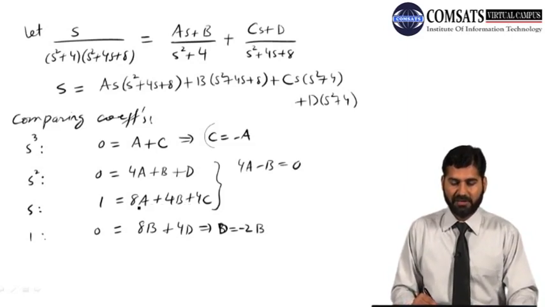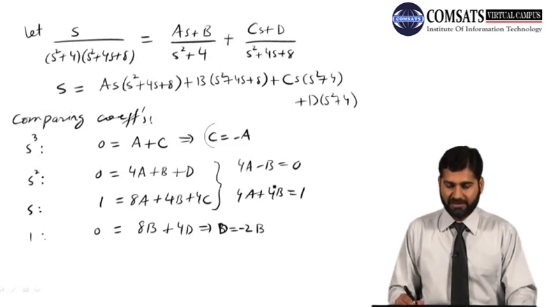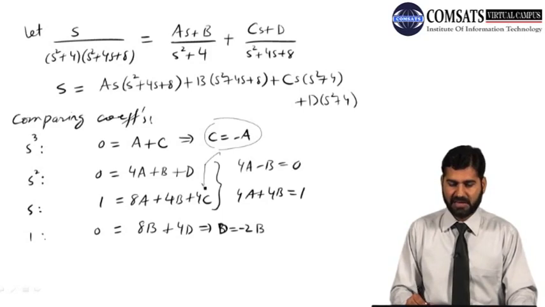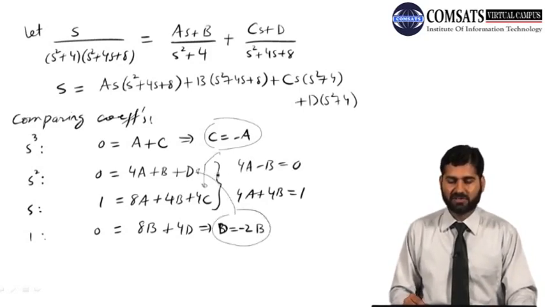And from the other equation you have 8a plus 4b plus 4c. 4c is negative 4a, so negative 4a makes it 4a plus 4b equals 1. From here it's easy. I used that here and this one here, so I got these two equations.